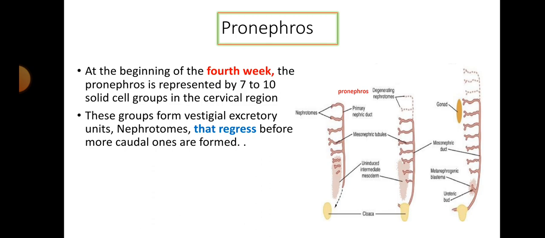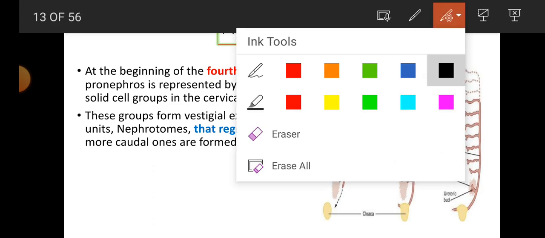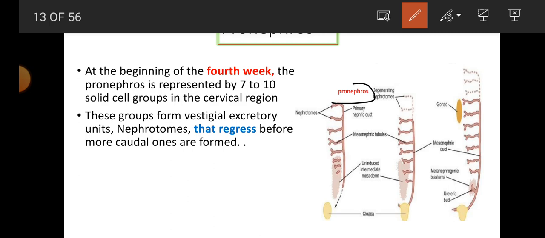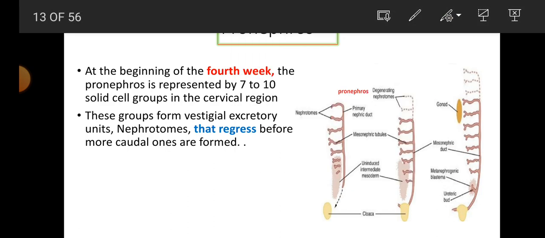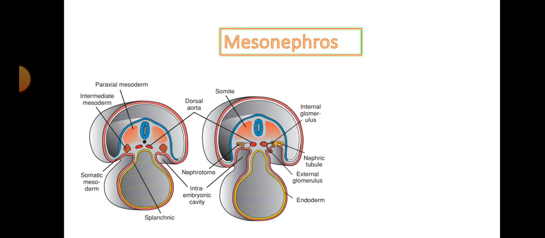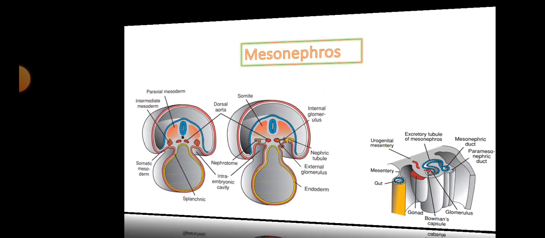Here you can see the mesonephros. This is the pronephros which we were talking about. These are the mesonephric tubules. You can see the S-shaped tubules also there. But they also start regressing because they are not going to form the definitive kidney. They form Bowman's capsule, everything, but they start regressing.